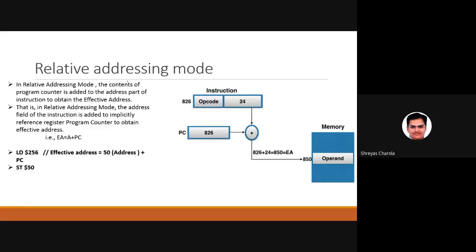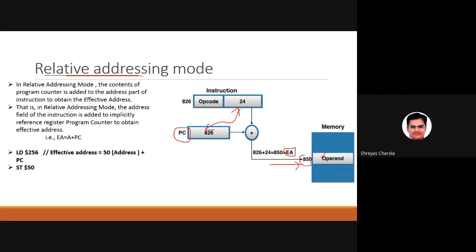This is the relative addressing mode. Whenever you write an address, the physical address needs to be generated. We have a program counter, and that program counter will be added to the address to make it a relative address. So 826 plus 24 makes an effective address. It will go to that address, read the data, and copy it to the places according to the program.